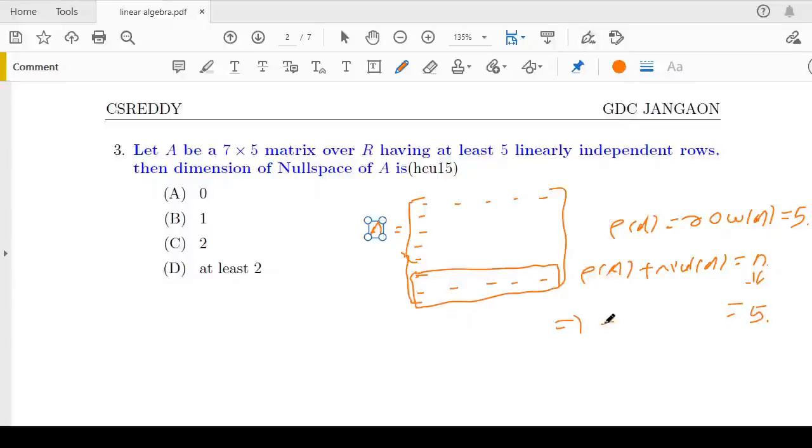Therefore, rank of A, 5, plus dimension of null A equals 5. This implies the dimension of null A equals 5 minus 5 equals 0. Therefore, option A is the right answer.